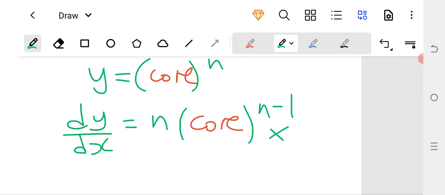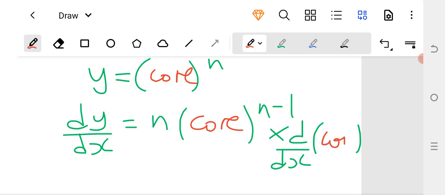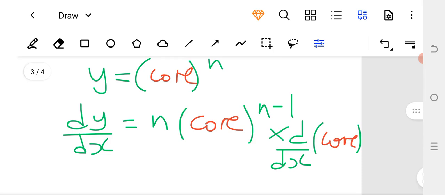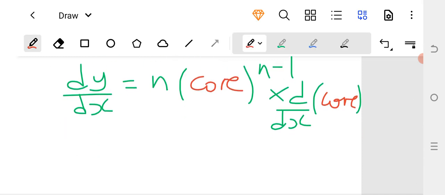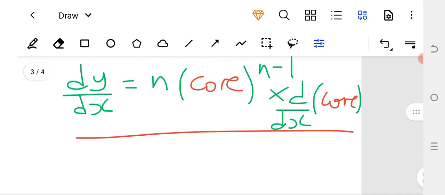Then multiply by the derivative with respect to x, so d/dx of the core. So the derivative of the core is what I mean, and this is your equation. You don't need to know how to write this. Just know the language behind it, or what is happening.